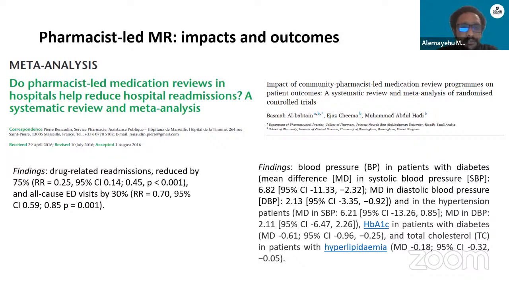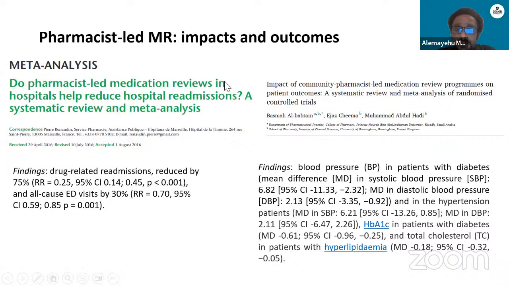For example, the first review shows that drug-related admissions were reduced by 75% when conducted by pharmacists, and all-cause emergency department visits by 30%. This is a very important finding.